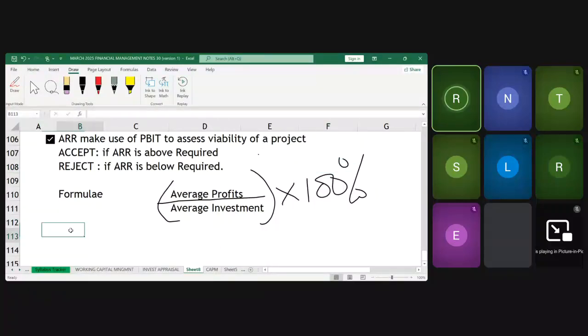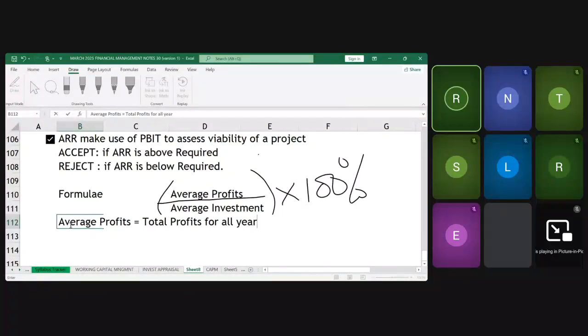What is average profits? For you to get average profits, you are going to do this. Average profits is equal to total profits divided by number of years. This is how you find your average profit.